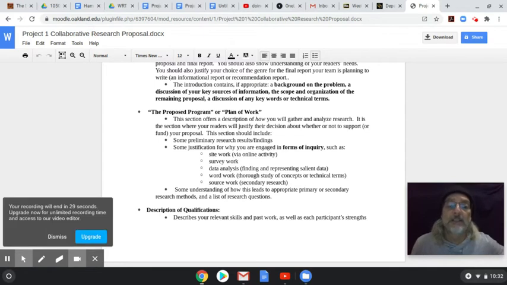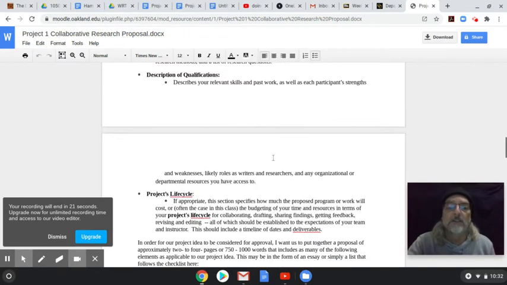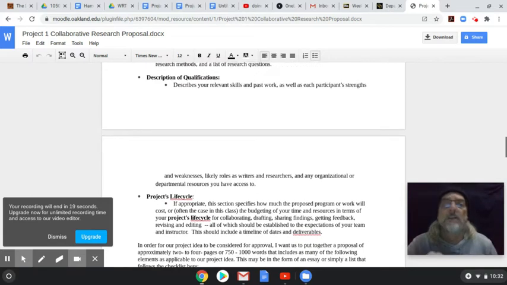Are there some people we might need to survey? What other kind of work do we need to do? Technical terms and secondary research. And then you're going to describe the qualifications of each team member, and then the life cycle of the project. How do you see this thing coming together? So those are the four major sections.